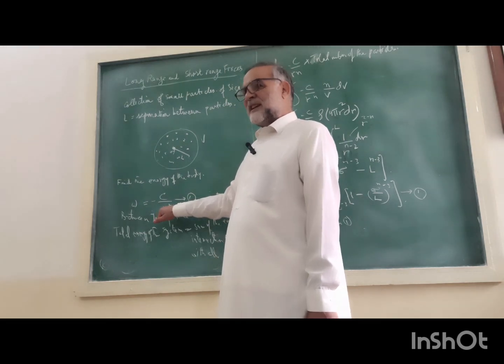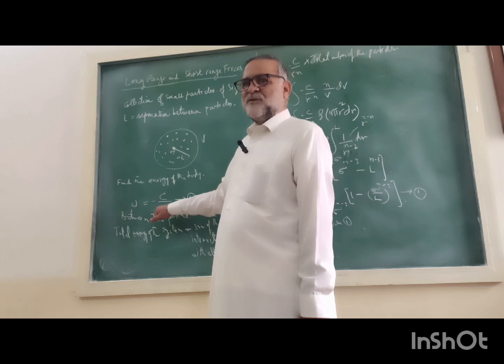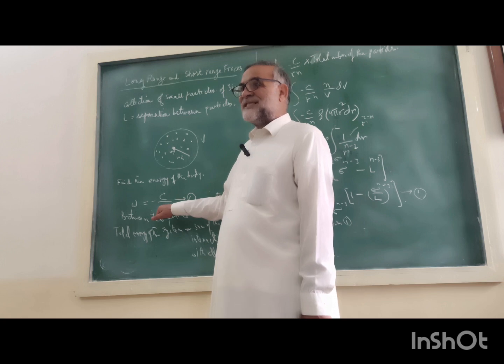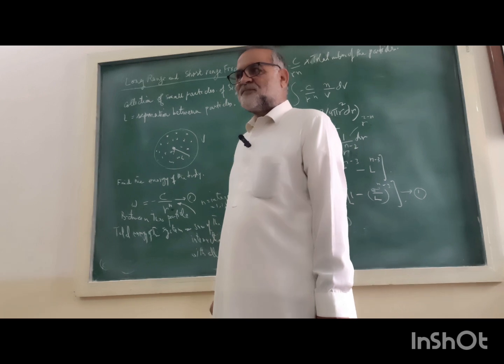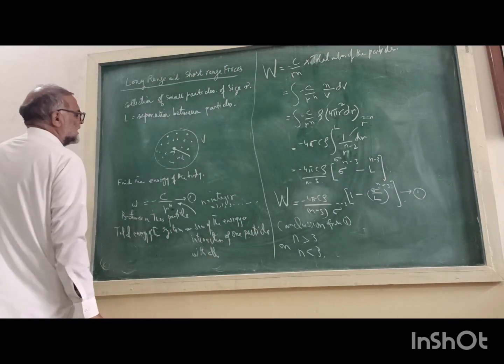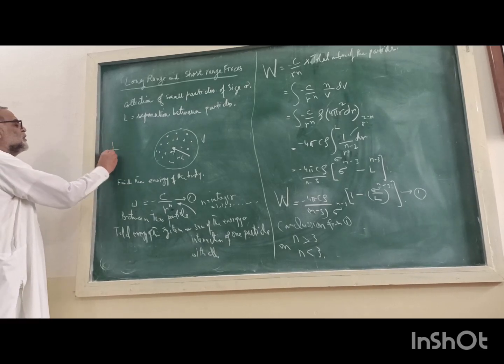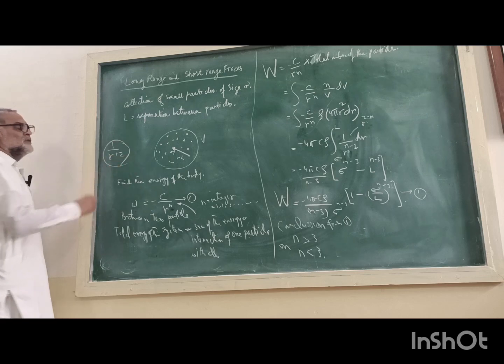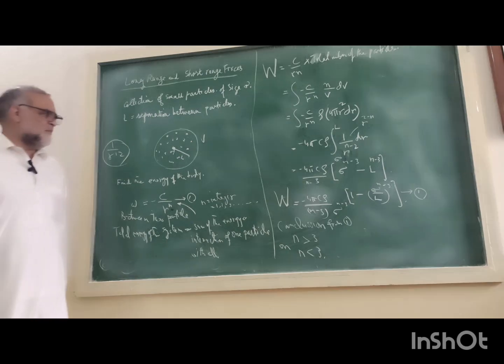But if it is greater than 3, like 4, 5, 6, one example is the van der Waals force, which varies as 1 over r to the power 6. Another is the repulsive force at very short distances, called the core force, that varies as 1 over r to the power 12. So that is another example.